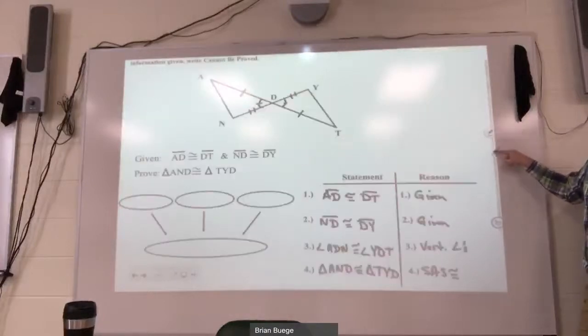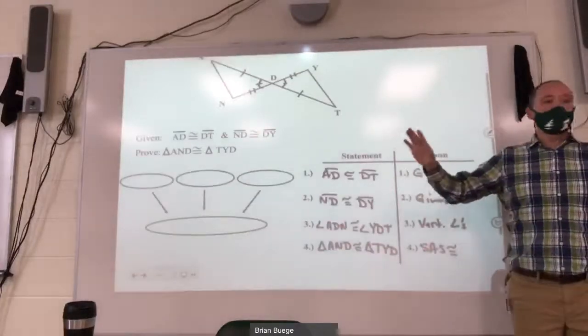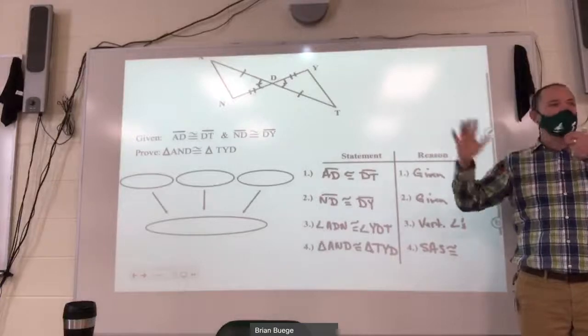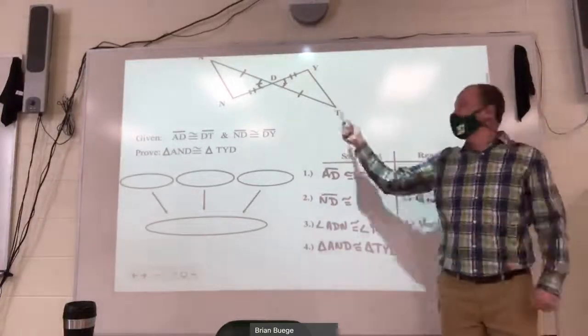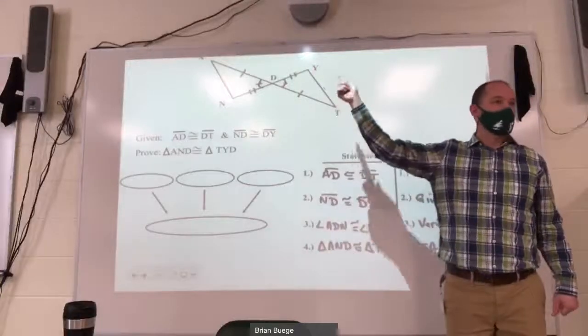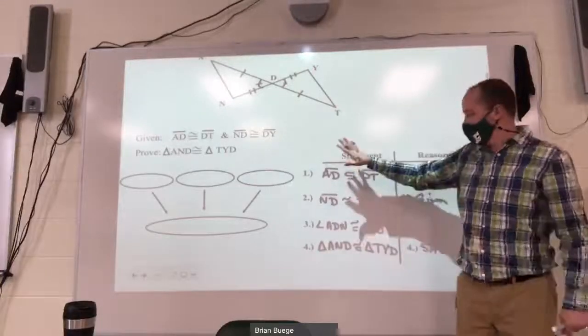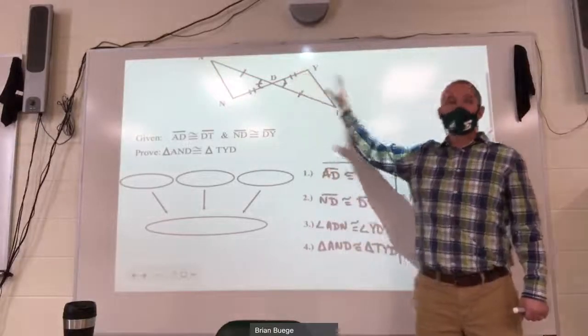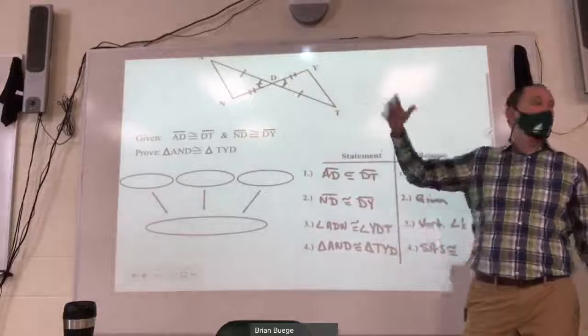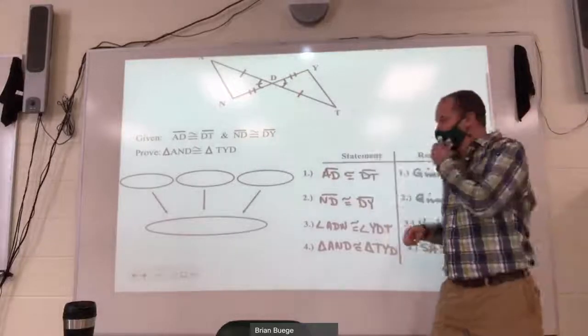And if I come back up again, part of the reason I'm telling you to mark up the picture is not just because I want you to do an extra thing, but because now you can see that it's side, angle, side in the picture. That's why it's so important that as you put stuff in your proof, make sure you also match it up in the picture so that you can see it when you get to the end that you have, in this case, side, angle, side. Okay?